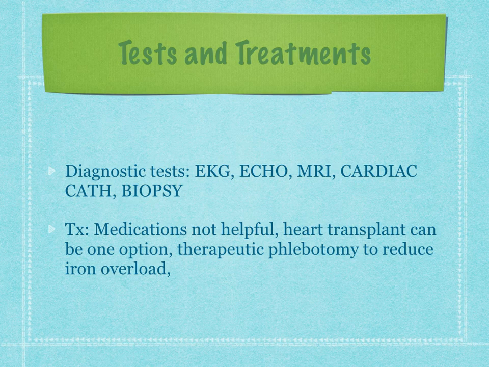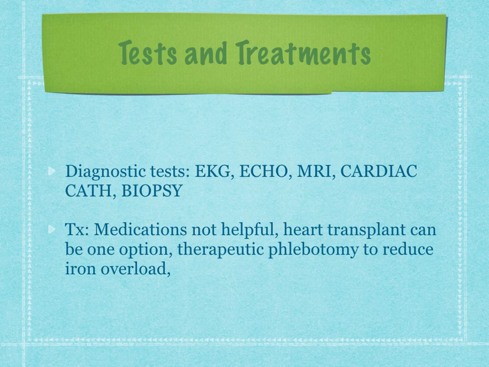The term iron overload cardiomyopathy is to describe a secondary form of cardiomyopathy which results from too much iron in the heart muscle, and it can happen because of genetically determined disorders of iron metabolism or multiple transfusions. So there is too much iron in the heart muscle.